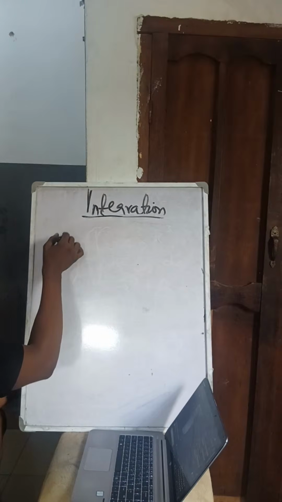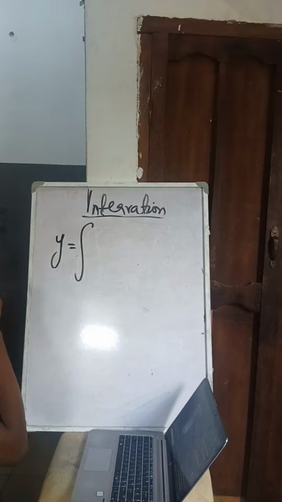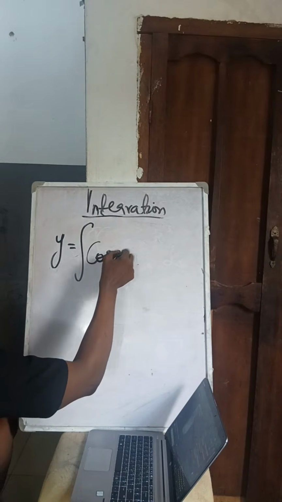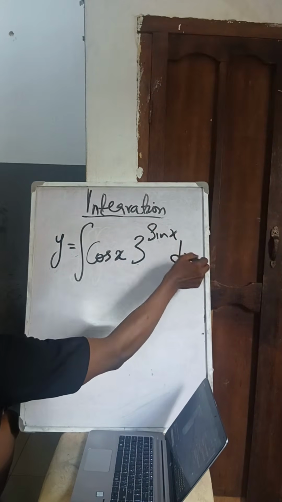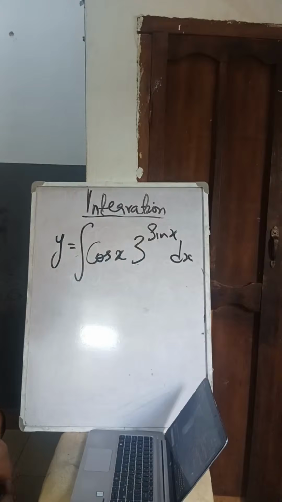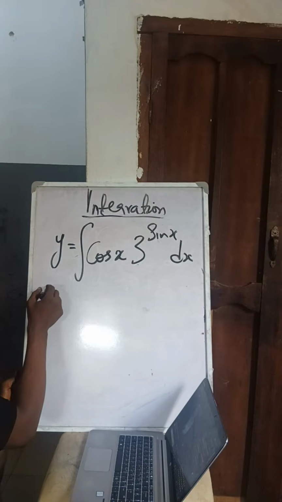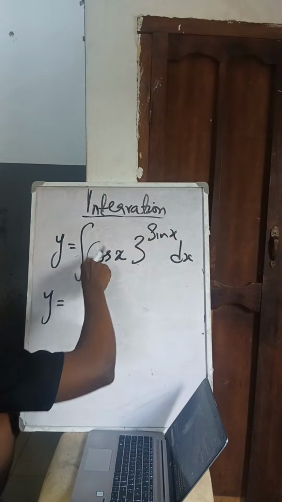Okay, let's say y is equal to the integral of cos x 3^(sin x) dx. What will you do? How will you solve it? All you need to do, y is equal to, if you differentiate sine x, you get cos x.